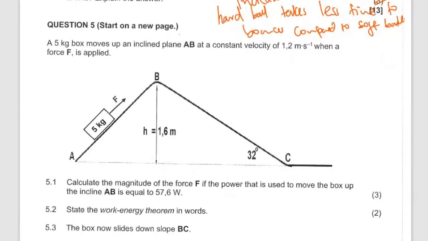Question number 5, the 5 kg body or box moves up at a constant velocity and the force F is applied. We want to calculate the magnitude of the force F if the power that is used to move up the box is this. So we know that the average power is the same as the force applied times the velocity.